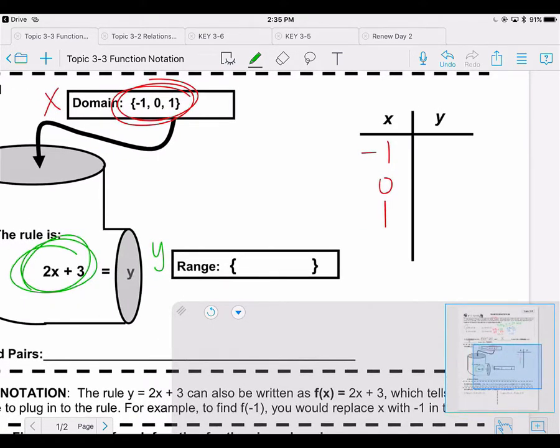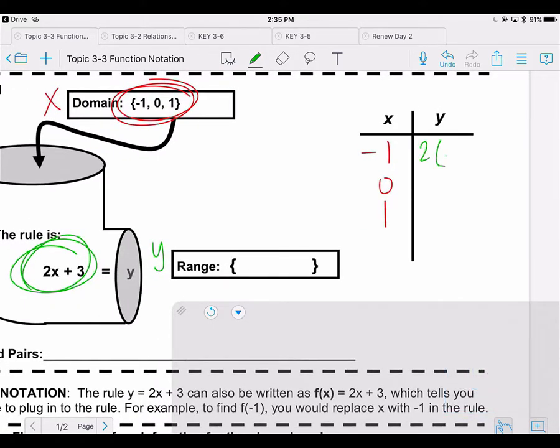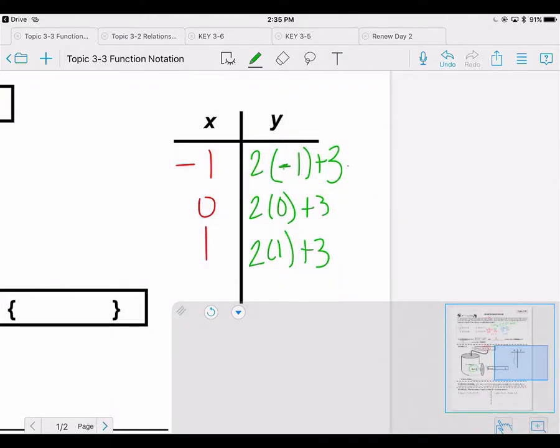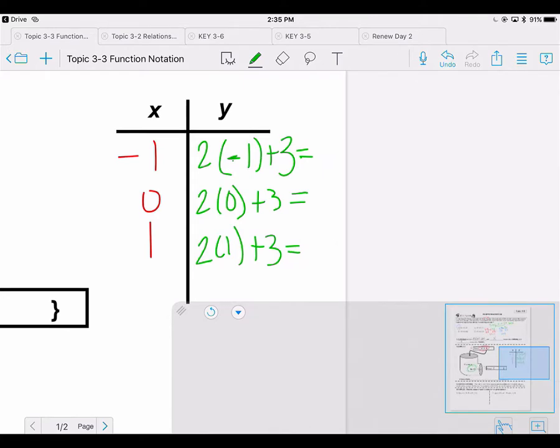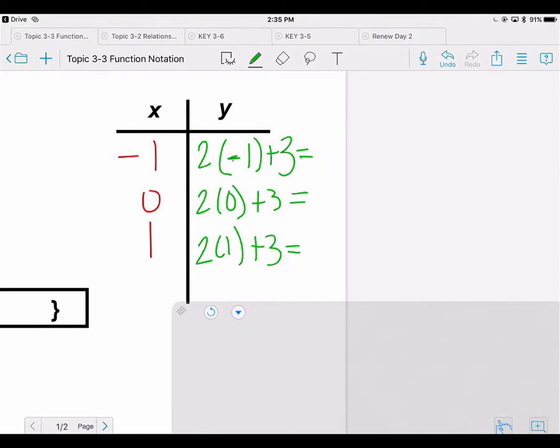So for each Y, 2 times X plus 3. I'm using that rule, 2x plus 3, and substituting in an X value. For the top one, we have 2 times -1, which is -2. -2 plus 3 is 1.